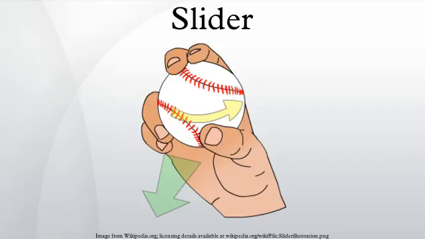Armando Galarraga threw sliders 38.9% of the time in 2008, more than any other starting pitcher in the majors, and Ryan Dempster threw them 32.9% of the time, more than any other NL starting pitcher. In 2008, CC Sabathia had the most effective slider among Major League starting pitchers. Zack Greinke won the AL Cy Young Award in 2009 due in large part to his slider, one of the better pitches in all of baseball.